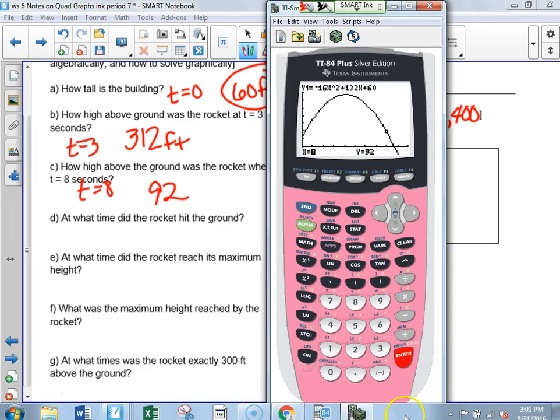When you hit trace and then type the number 8 and enter. Okay, I hit trace already. Okay, wait a minute. We had this problem and I don't remember what the issue was. So I just scrolled on my calculator. You have a plot on? And so it's scrolling in the plot, that's the problem.